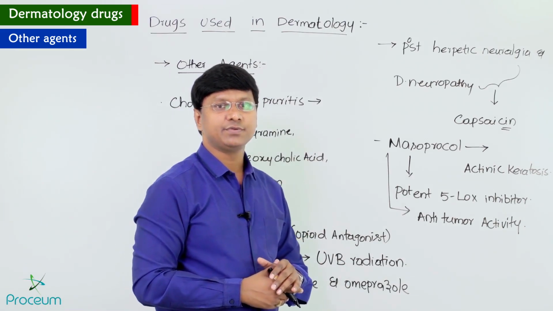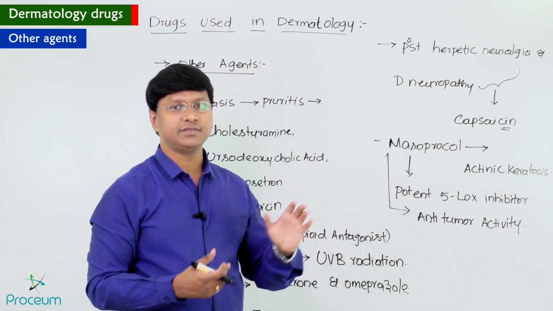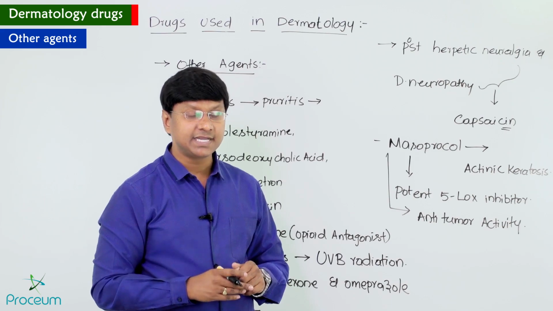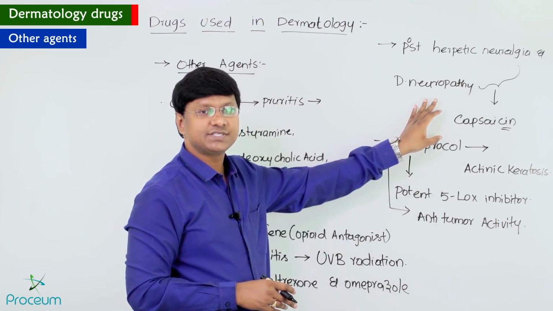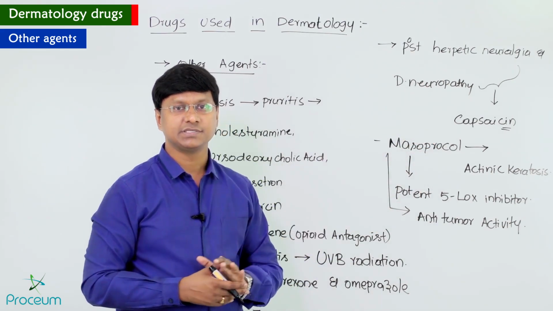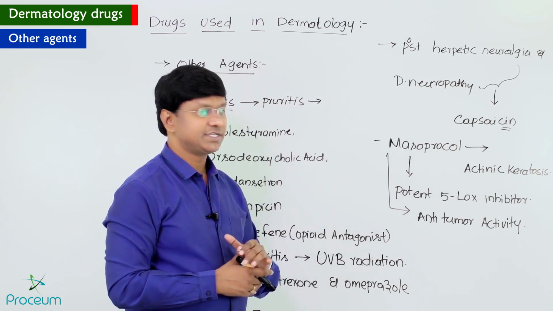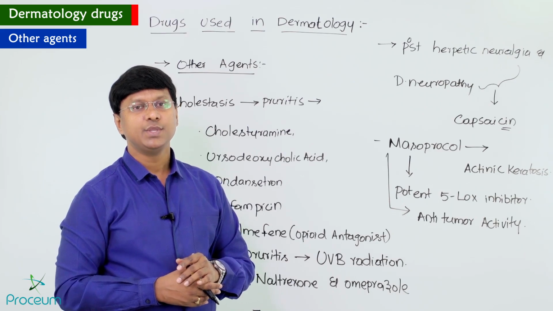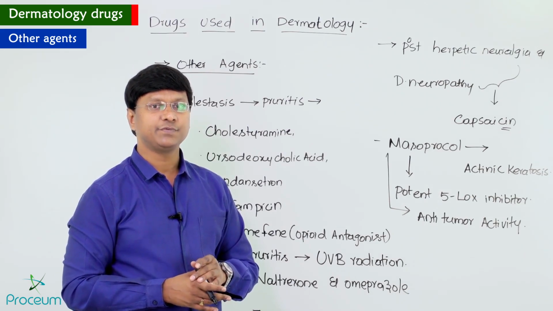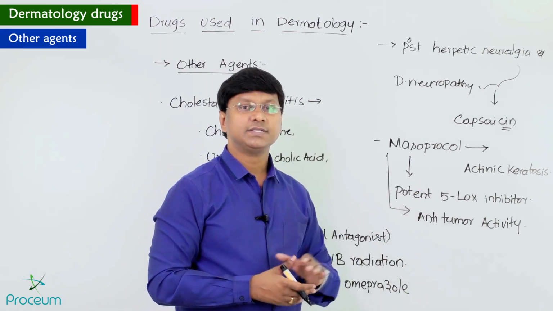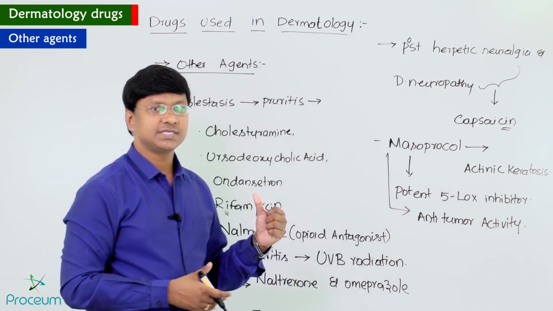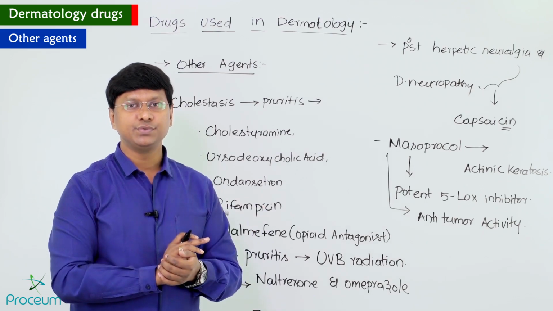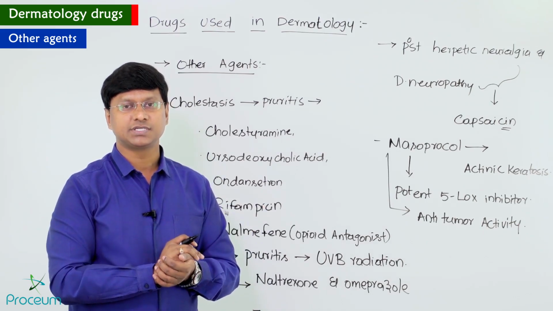In post-herpetic neuralgia and diabetic neuropathy, the individual will have dysesthesia or burning sensation, and in that condition capsaicin will reduce the burning sensation. Then masoprocol is a potent 5-lipoxygenase inhibitor with anti-tumor activity, effective for topical treatment of actinic keratosis. So these are your other agents, all the drugs used in dermatological issues.